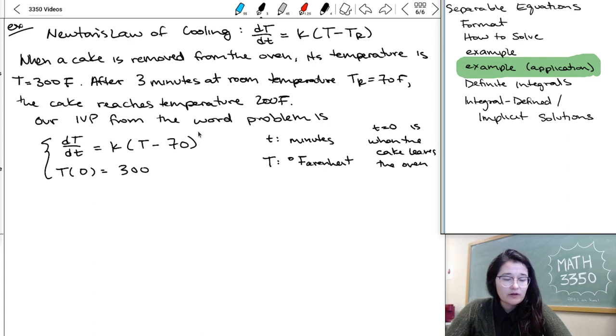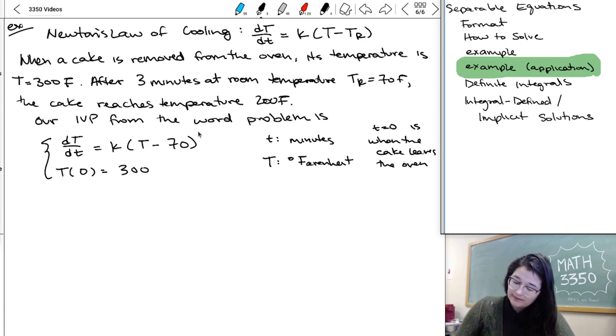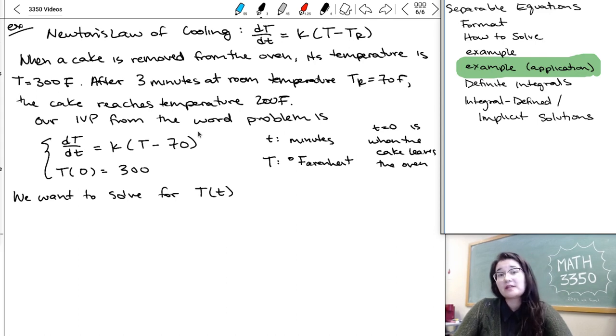So in order to get a solution to this problem, we want to understand how the temperature is changing over time. That seems to be what this is about. If we solve for T of t, we could know the cake's temperature at any time and know when it's safe to apply frosting. But in order to do that, we need to find k.